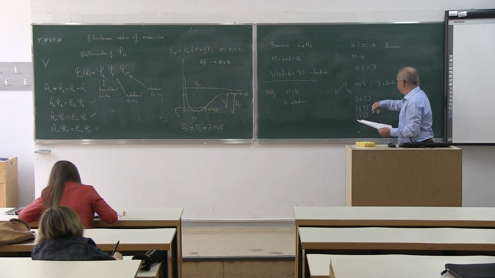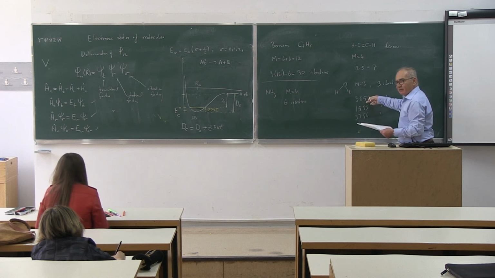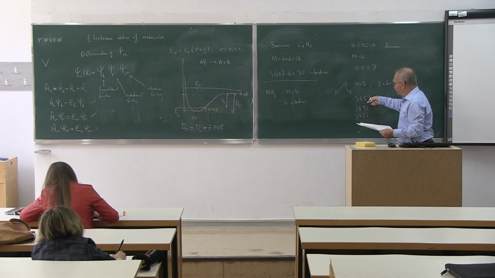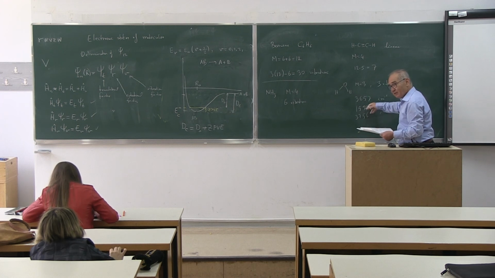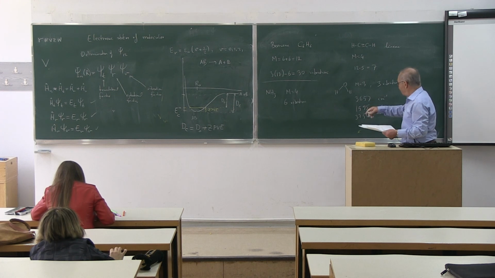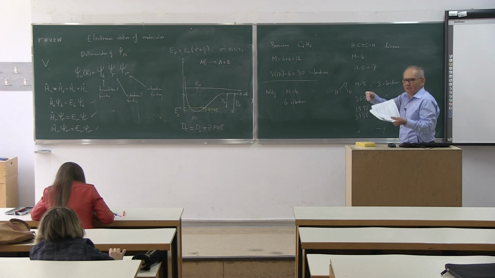These are in wave number units. These are the experimental values for the vibration frequencies in water. There are 3 of them. You see all of these are different. So the number of different vibration frequencies is the same as the number of vibrations here. It simply means each vibration has a different frequency.